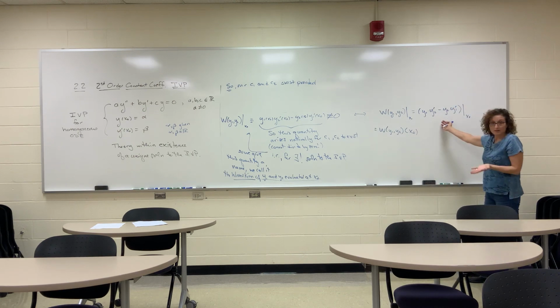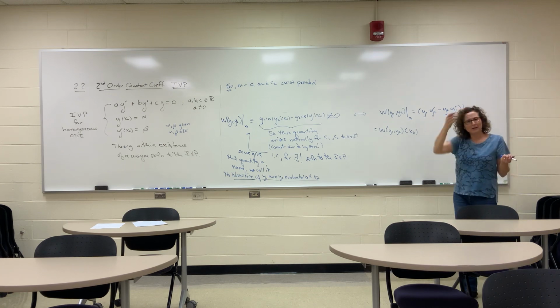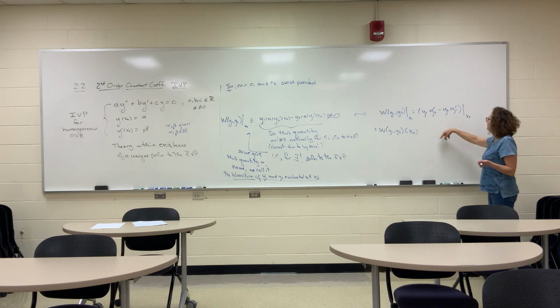just because it's less writing. This weird little quantity, what is it? It's mixed products. So it makes you think a little bit of the product rule: the first function times the derivative of the second function, the second function times the derivative of the first function, but there's a minus in between.